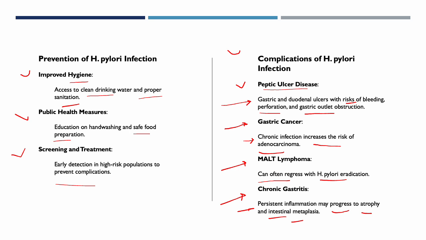So let's just select one of these. We can take peptic ulcer disease and just give it a bit more context and relating it to the rest of the lecture. So peptic ulcer disease, right? We're talking about gastric and duodenal ulcers with risks of bleeding, perforation, and gastric outlet obstruction. So if we connect it to the pathophysiology we've talked about, H. pylori colonizes the gastric mucosa, right?